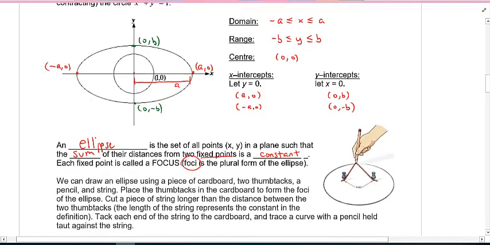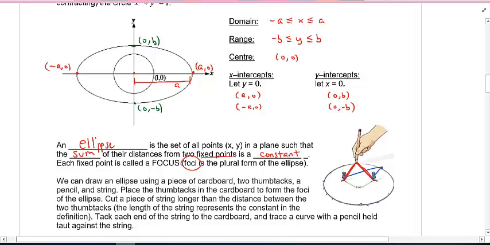Meaning, if I were to take this distance in red plus this distance in red, and if I were to take any other point on this ellipse, let's say over here, this distance in blue plus this distance in blue, those sums will be the same. So the sum of the distances of the two blue lines, or the sum of the distances of the red lines, are always going to be the same no matter where I am on this ellipse.